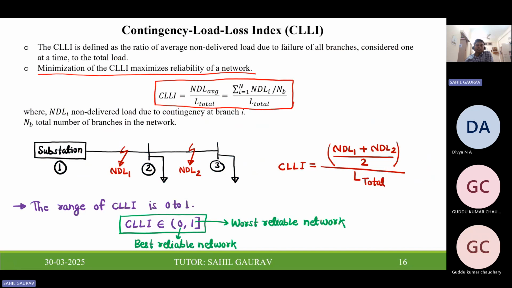We consider failure of one branch at a time, see the non-delivered load, and then take the average of that, which we call NDL average. Here NDLi is the non-delivered load due to contingency at branch i, and NB is the total number of branches in the network.